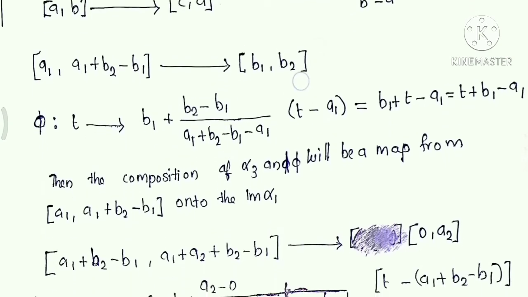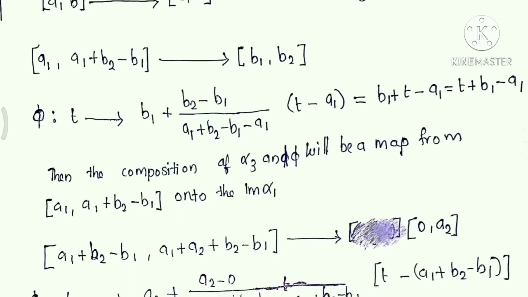Consider the map phi, which assigns T to the point B1 plus (B2 minus B1) by (A1 plus B2 minus B1 minus A1) into (T minus A1), which is equal to B1 plus T minus A1, and it is equal to T plus B1 minus A1.